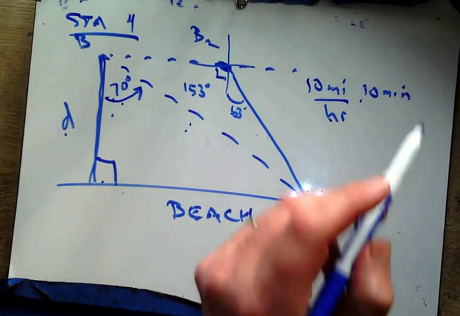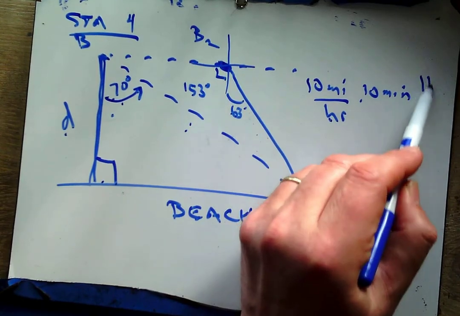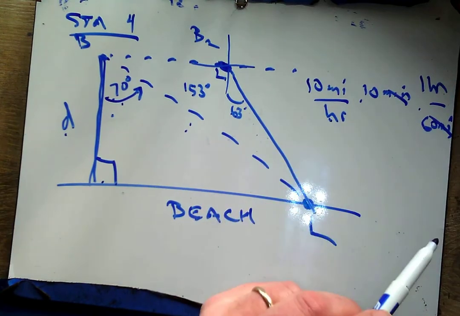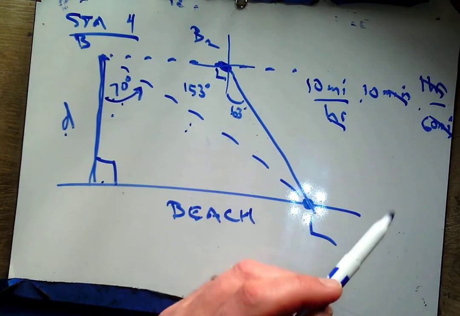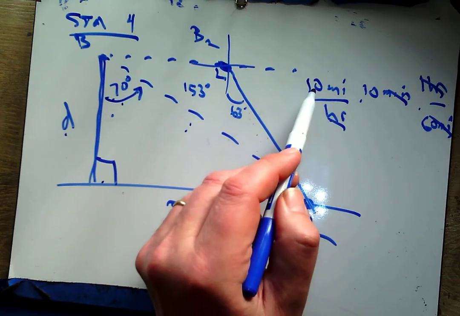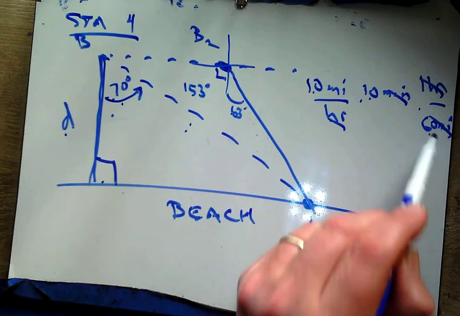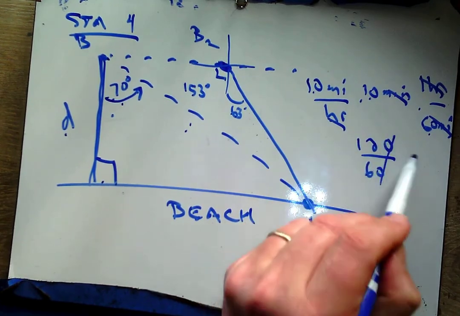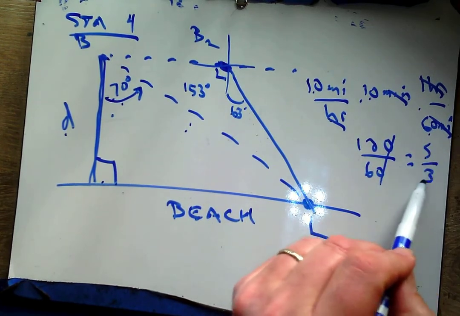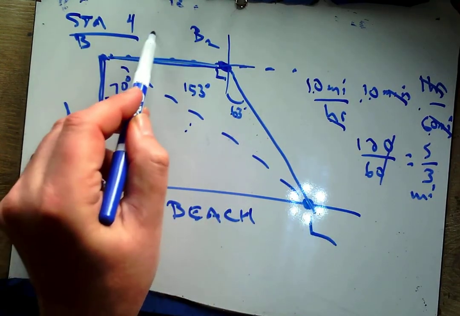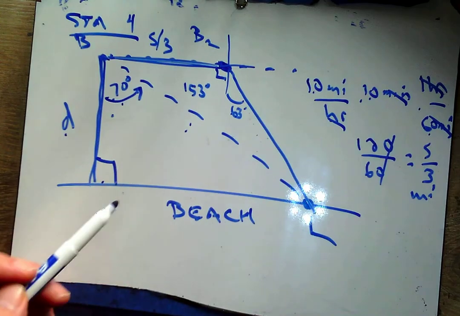So I'm going to have to convert one of these. 1 hour is 60 minutes. So minutes can cancel, and hours can cancel. And now I'm going to be able to find miles. It's going to be 10 times 10 divided by 60. So 100 over 60 is 5/3 of a mile. So this length here is 5/3.